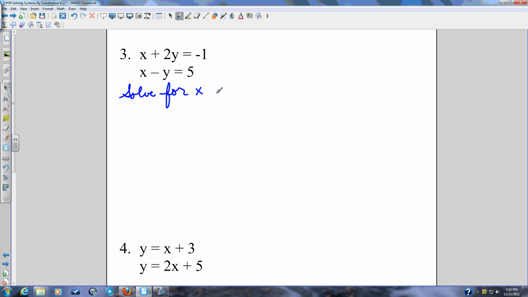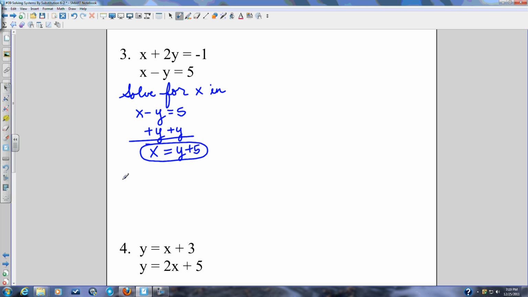So I'm going to solve for x in x minus y equals 5. So I want to get x alone, so I'm going to have to add y to each side. And I end up with x equals y plus 5. Now, that's very important. I'm actually going to circle it because that is a very important expression.